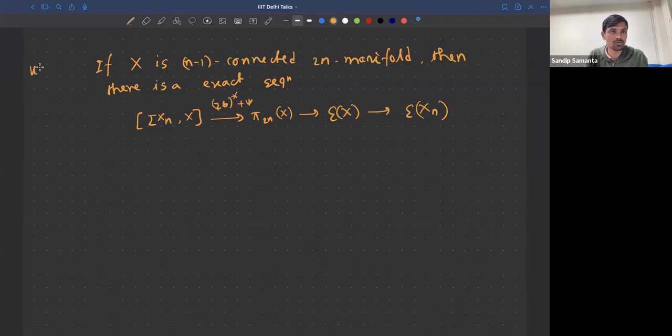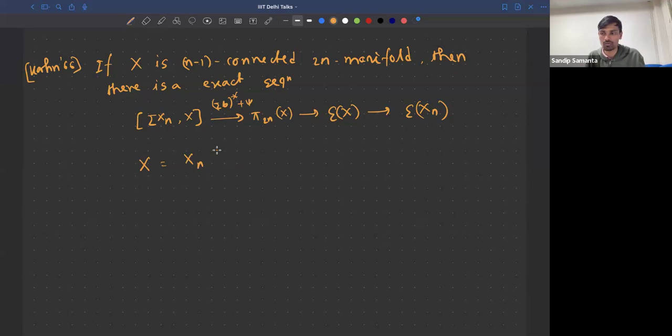So this is again due to the same author. But the method uses the mapping cone method. So whenever X is such an n-1 connected 2n manifold, then the structure of X is basically a mapping cone.